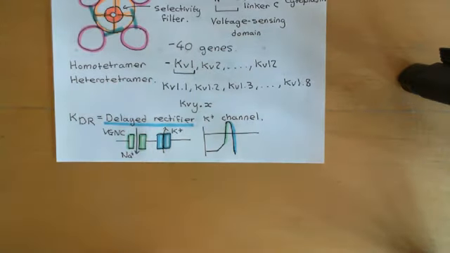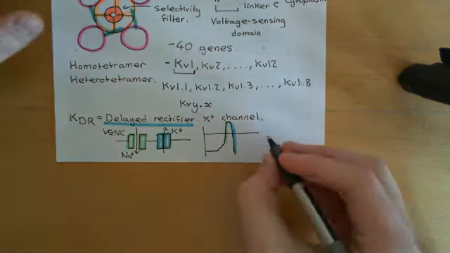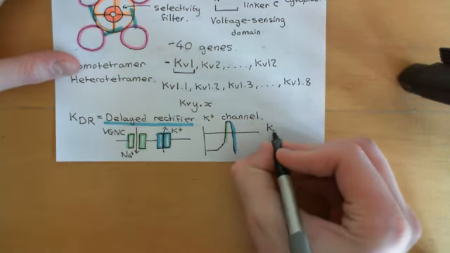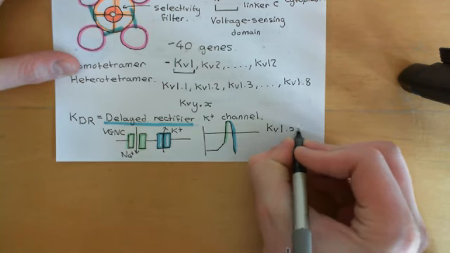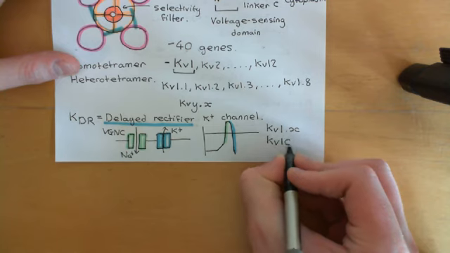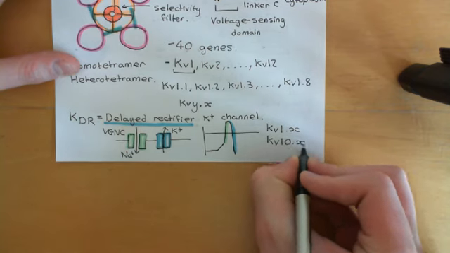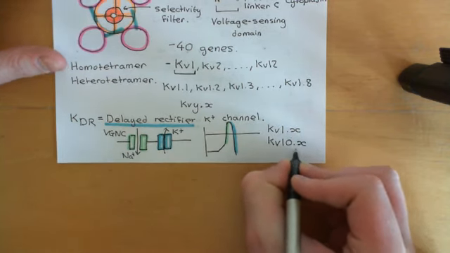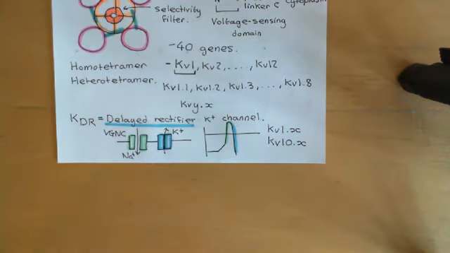Now, the major delayed rectifier potassium channels expressed in neurons and responsible for the action potential are voltage-gated potassium channels in the Kv1 family, the Kv1.x subunits, and also the Kv10 family. We're going to see the members of the Kv10 family later on.